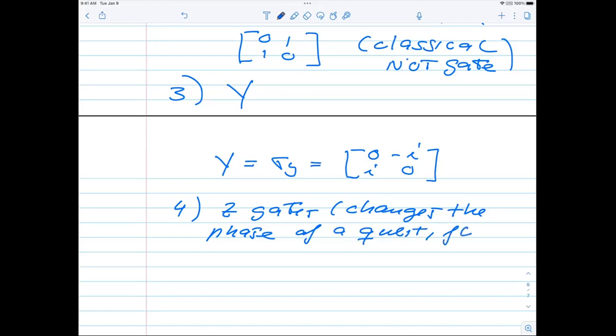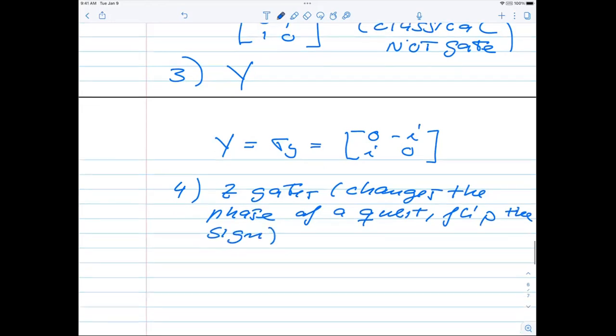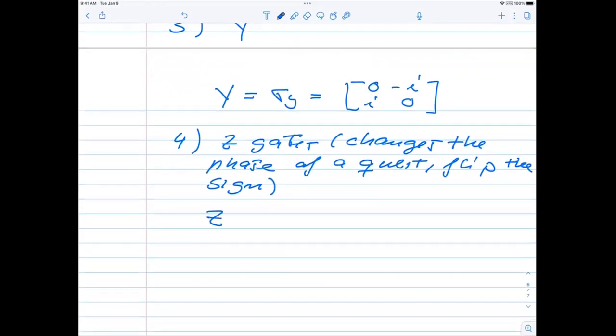So perhaps flip the sign is a better way of saying it. And the Z gate is actually the Pauli Z matrix, which is then given by 1, 0, 0, -1.